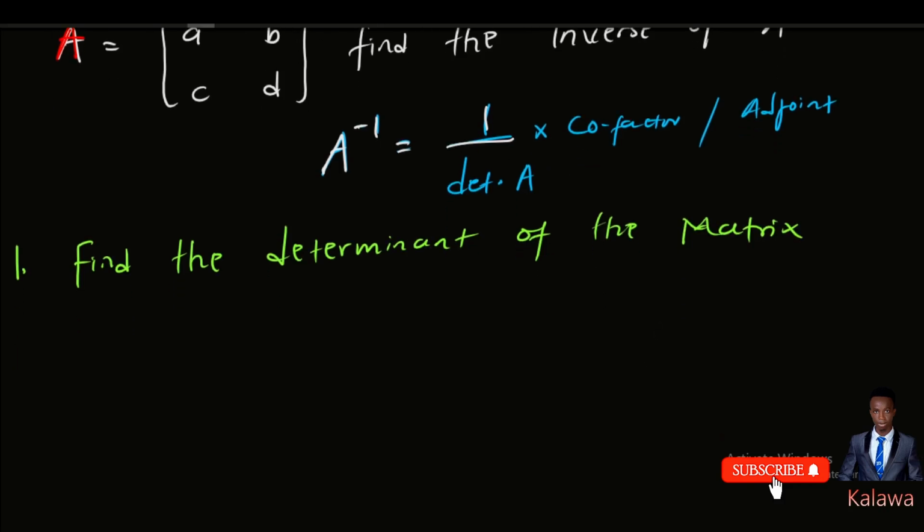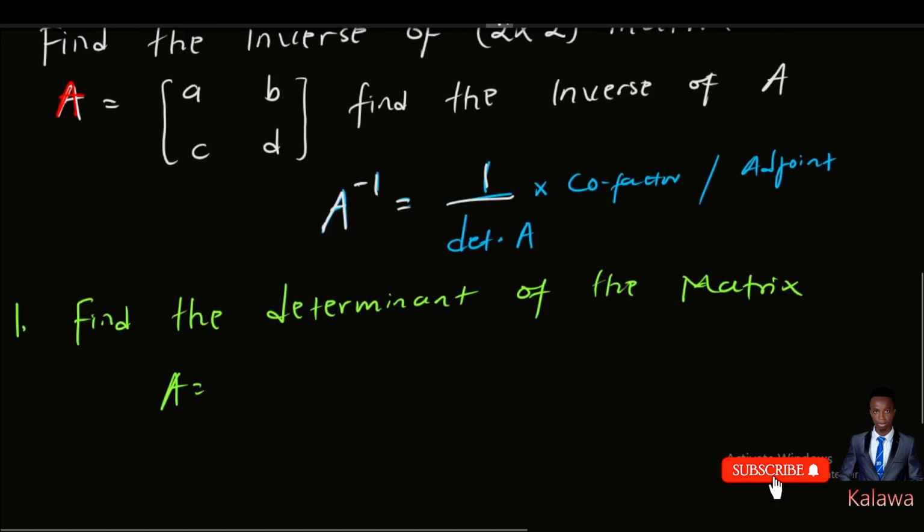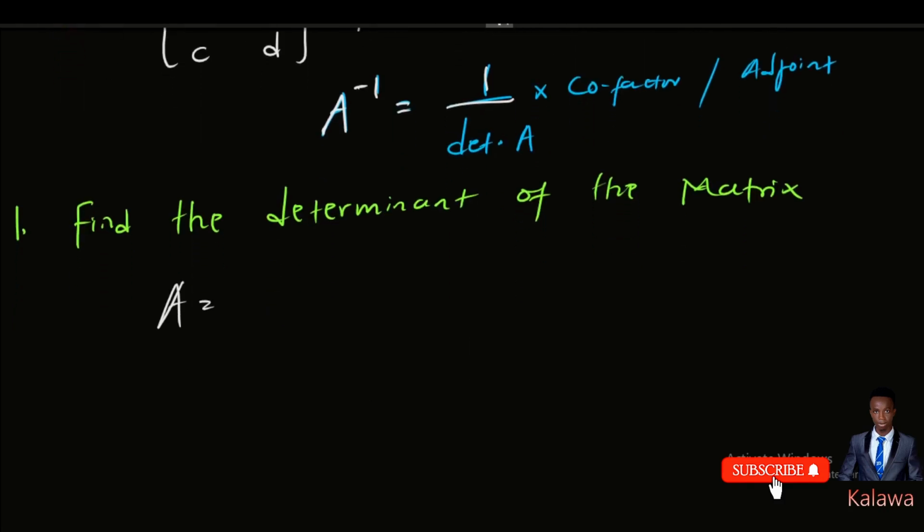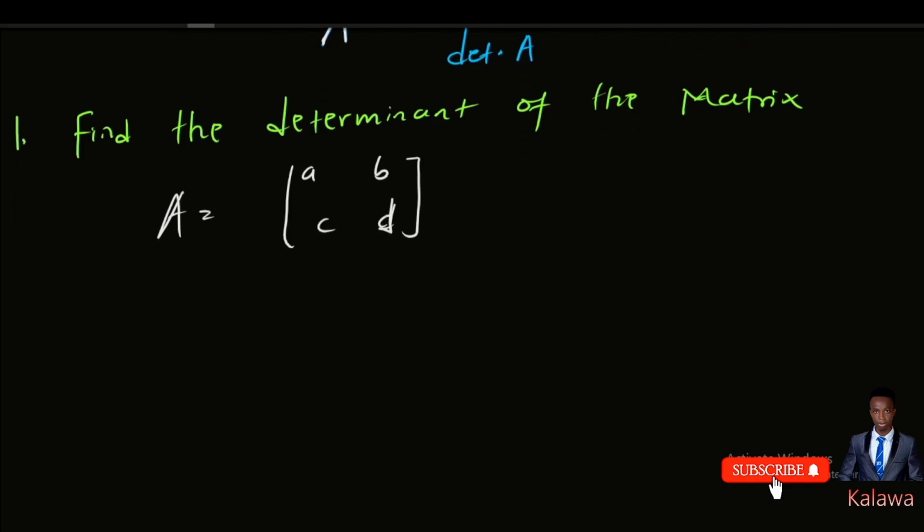So how are we going to find the determinant of the matrix, more especially a 2 by 2 matrix? Remember, this is the matrix A, A is equal to A, B, C, D. So we are going to find the determinant. Just from our previous video, we said to find the determinant of a 2 by 2 matrix, we multiply the corresponding elements.